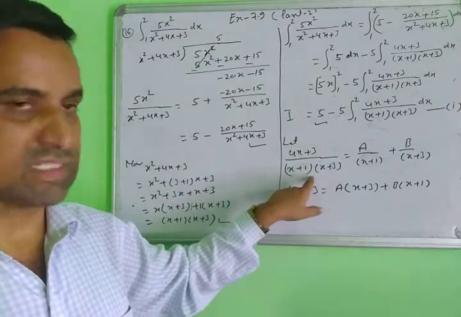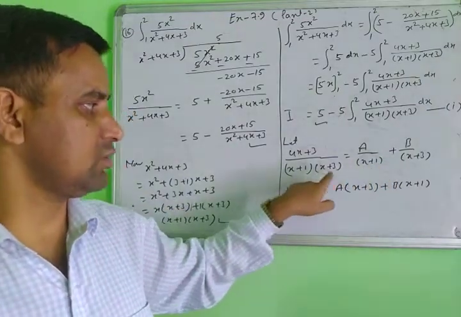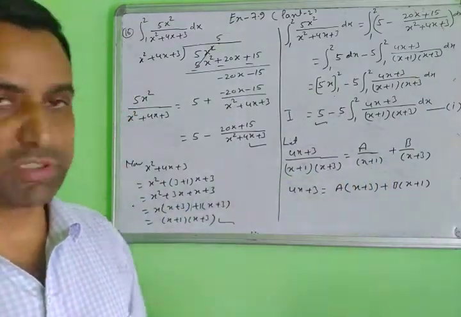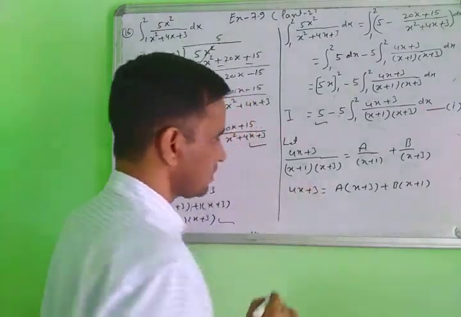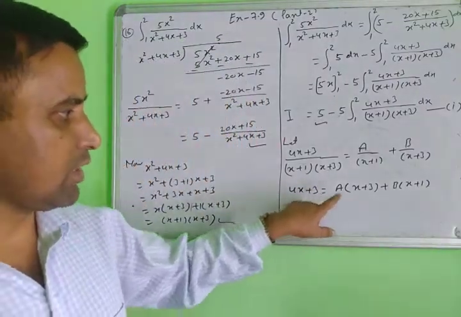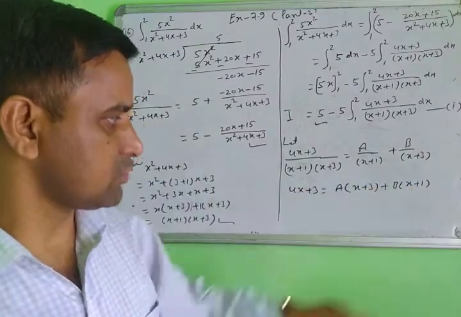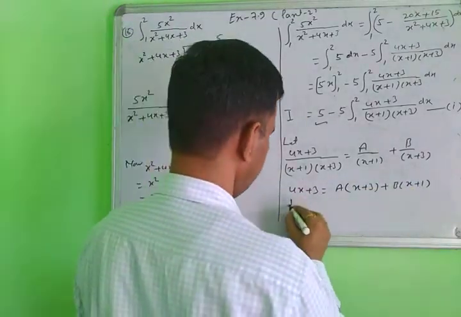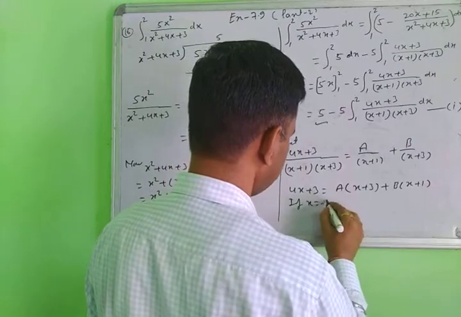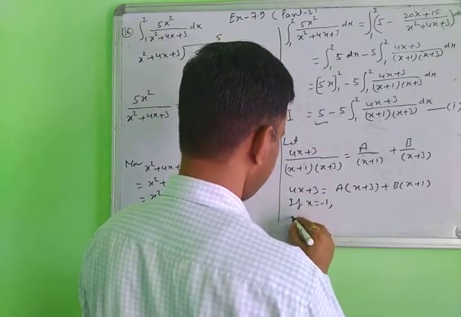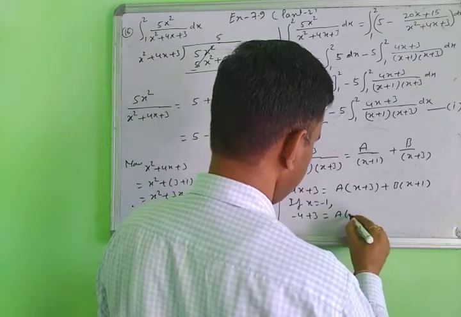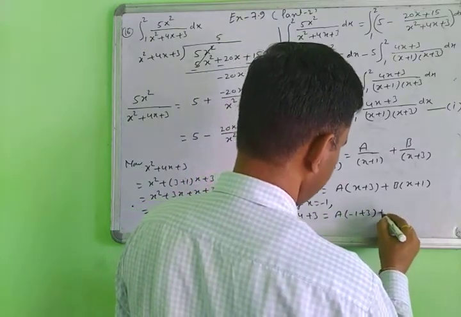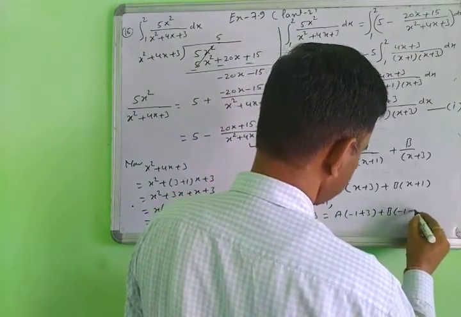The denominators will be cancelled, so what is left is this portion. Then suppose you use the value x equal to minus 1. Putting x equal to minus 1, minus 4 plus 3 equals a times (minus 1 plus 3) plus b times (minus 1 plus 1).